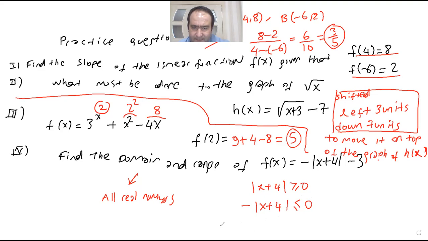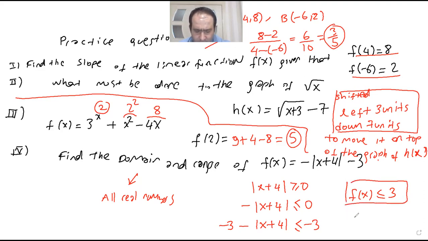And plus minus 3. So f(x) is equal to or smaller than negative 3. So the range is all numbers less than or equal to negative 3.